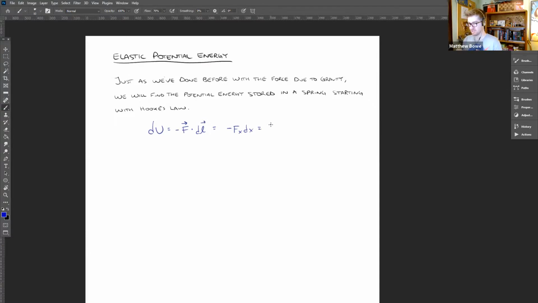And springs only compress or stretch in one direction. That's why I'm just saying this for one direction. Putting in Hooke's law, dx equals, that's just a positive kx dx.